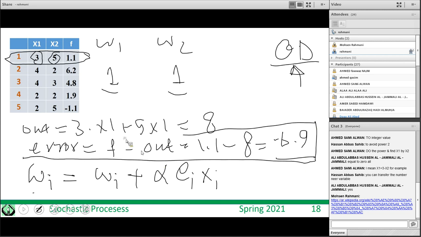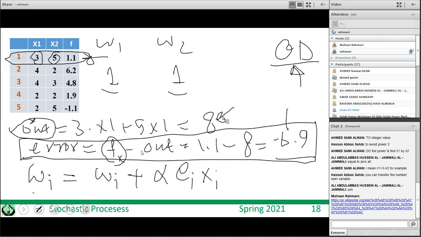In gradient descent, we calculate the error. It is very simple. The error is calculated by computing the output and taking the difference between the output and the desired output. I want to have 1.1, but here I get 8. So I have an error.